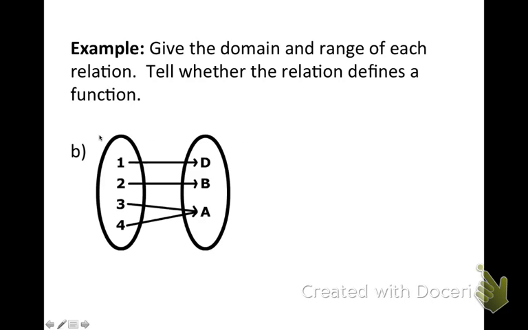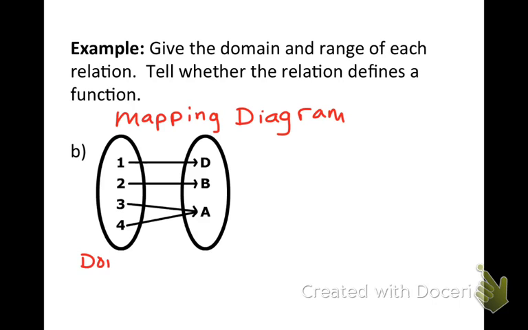All right, so we talked about domain and range. There's another way that you could possibly see functions, and this is called a mapping diagram. So if you see a function or a relation as a mapping diagram, your domain values are going to be on the left side bubble, and your range is going to be on this right side bubble.